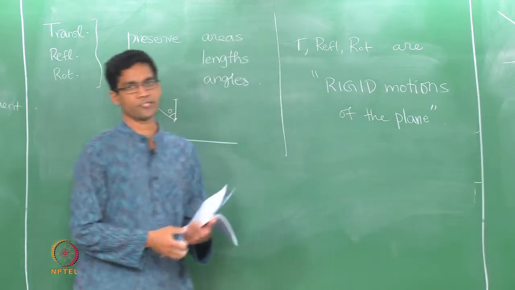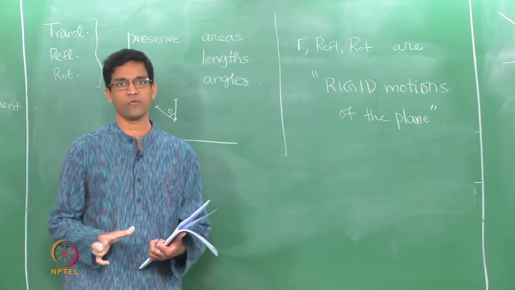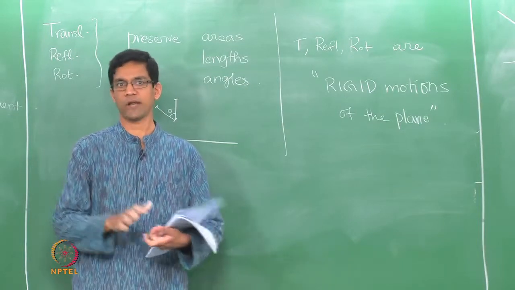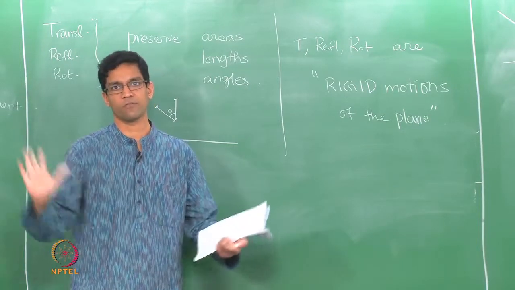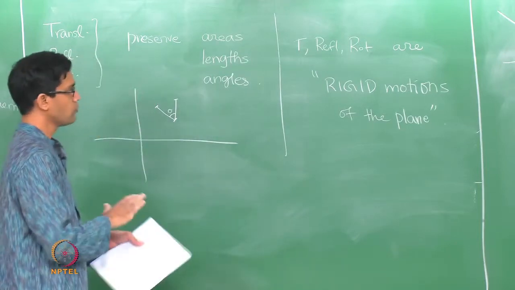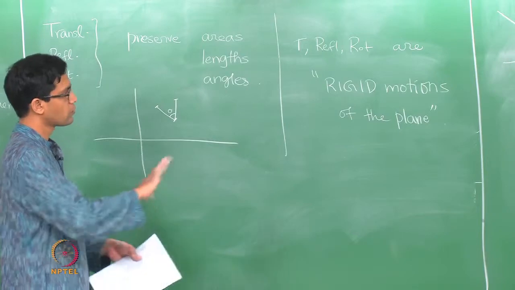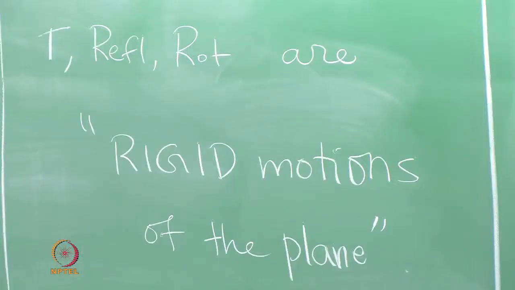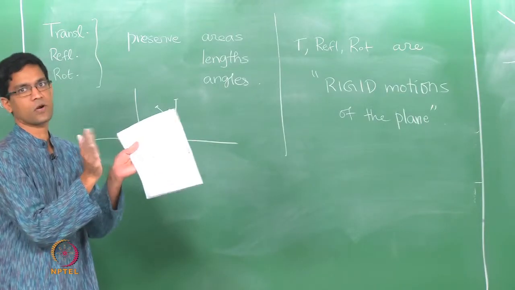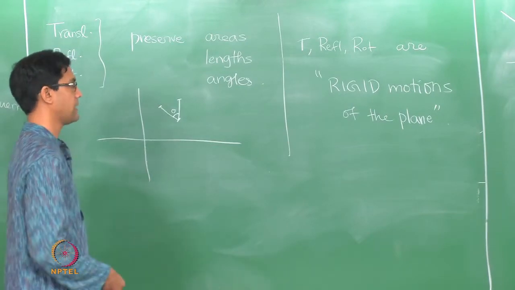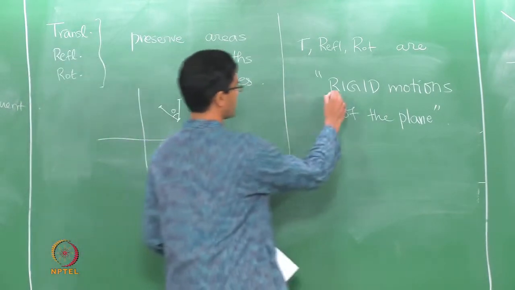By rigid motions we mean you just move the entire plane in some way, like a rigid body. Imagine the whole thing is made out of metal or something which cannot be deformed, then you move the whole thing, or you reflect it, or rotate it. These operations do not deform, they do not change lengths for instance, or shrink, or make angles smaller. So that is what rigid is supposed to bring to mind.